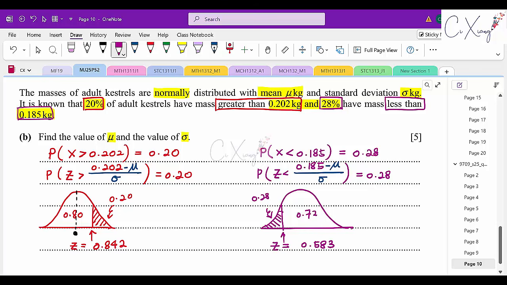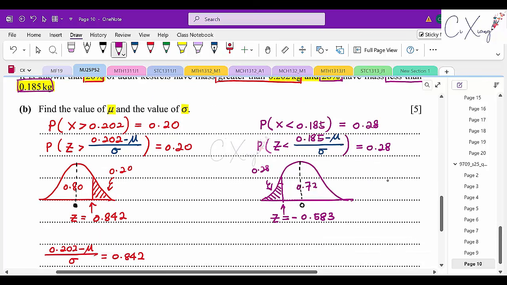But if you look at this diagram that we drew just now, your 0 is in the center, and this z line is before the 0, which means that it should be a negative value. So this z is actually negative 0.583. Then from here, you know that z smaller than negative 0.583 is 0.28.